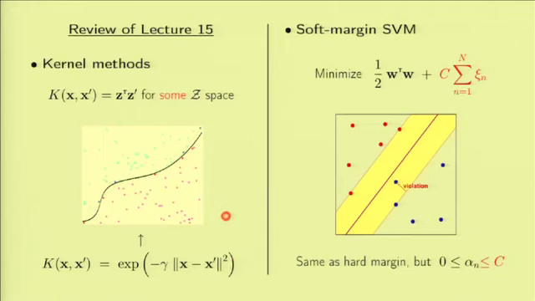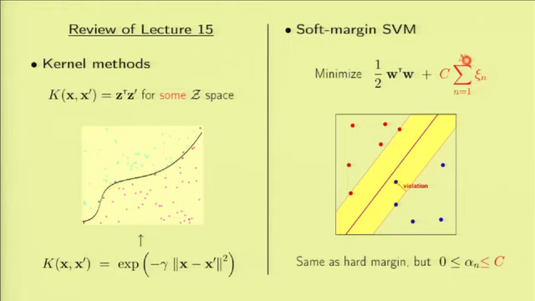So with this, we went into another way to generalize SVM, not by having a nonlinear transform in this case, but by having an allowance for errors. Errors in this case would be violations of the margin. The margin is the currency we use in SVM. And we added a term to the objective function that allows us to violate the margin for different points according to the variable xi.